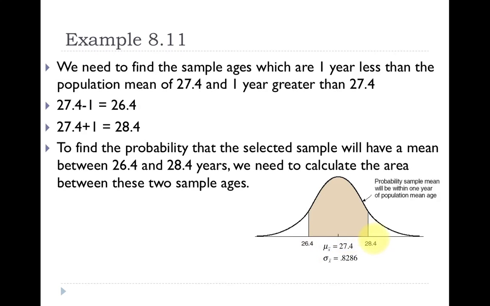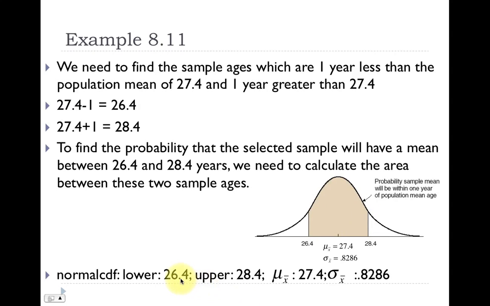And then on the right side, we have a sample mean x bar of 28.4. The probability that a sample mean will be within 1 year of the population mean age is all of the area in between those two sample means, 26.4 and 28.4. So we find the area between these two sample means by using normal CDF.